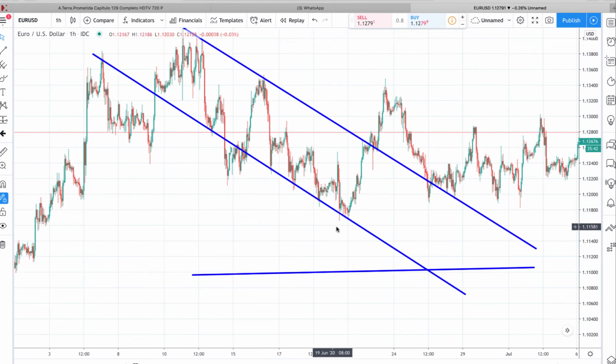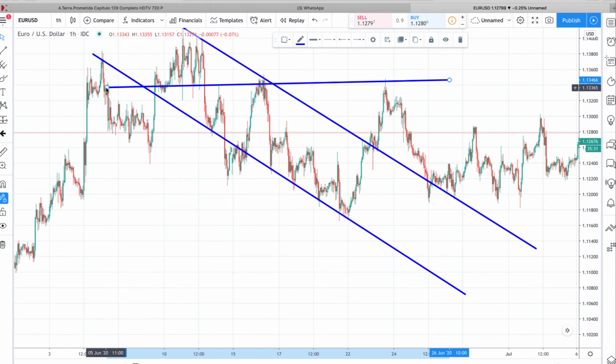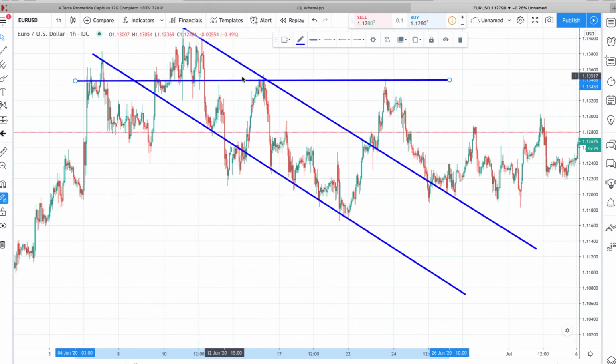There we go. Then the market went all the way up, breaking this level, finding a resistance level right at the previous high, and then there was a rejection again, coming back towards this support resistance line.